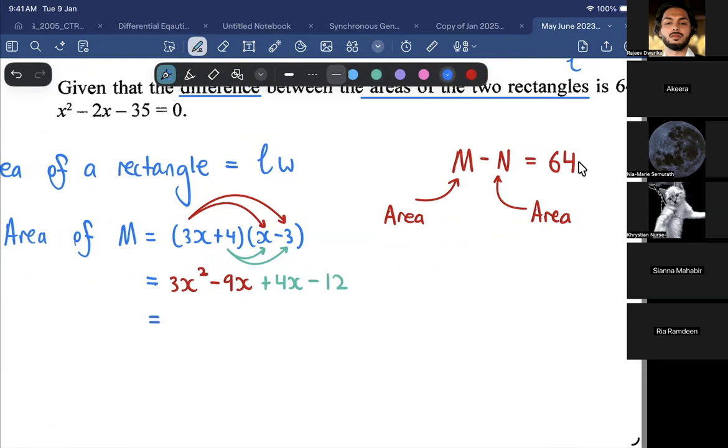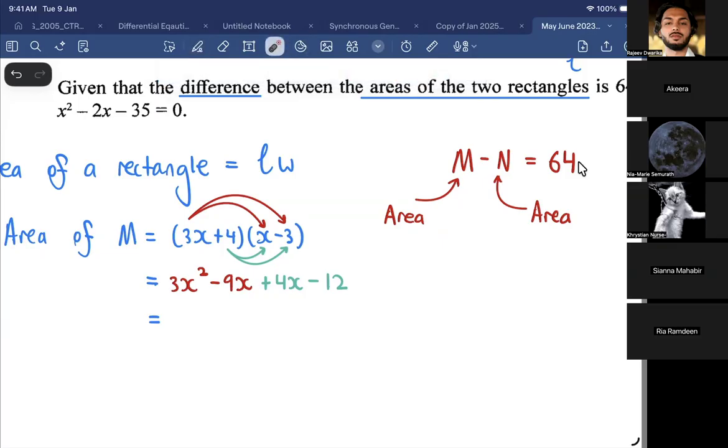Let's look to see if we can simplify now. Are y'all seeing any like terms over there? 3x squared and 4x? No, they are not like terms. Let me explain why. This is an x squared term, however this is an x term, not the same thing. Any other x terms? Just x.